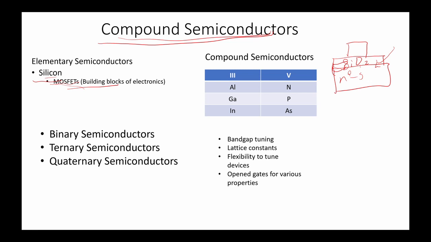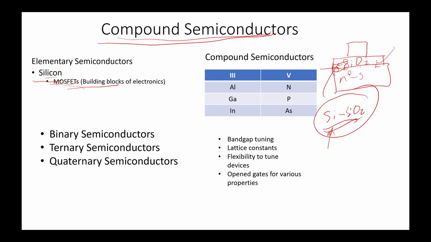This silicon/SiO2 junction is so pure that we cannot get it in other semiconductor devices. And it is very easy to grow silicon dioxide over silicon, which is the main reason for silicon electronics.